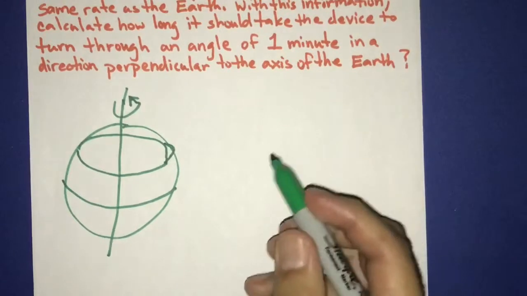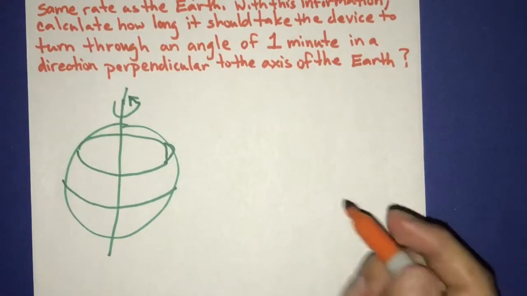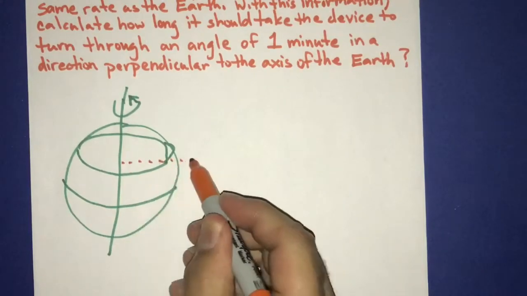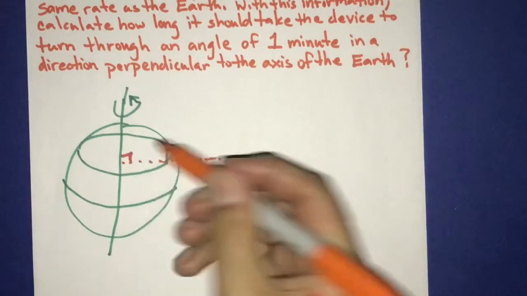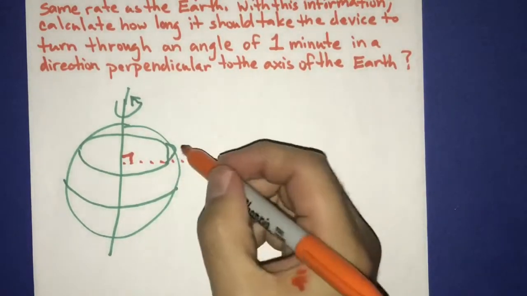So we want an axis perpendicular to the Earth. We want to choose to measure perpendicular to the axis of Earth. So this would be perpendicular. Okay, so we have a telescope on Earth.